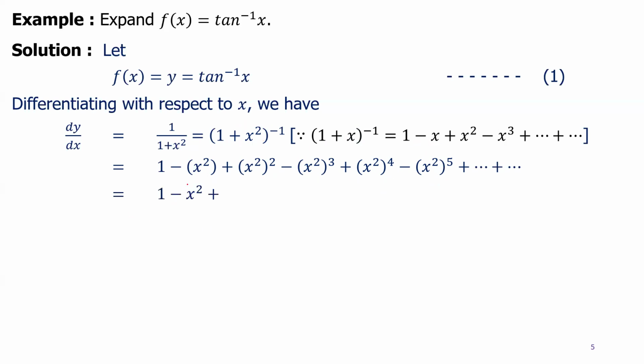Simplifying, 1 minus x square plus x to the power 4 minus x to the power 6 plus x to the power 8 minus x to the power 10 and so on. So dy by dx is equal to 1 minus x square plus x to the power 4 minus x to the power 6 plus x to the power 8 minus x to the power 10.